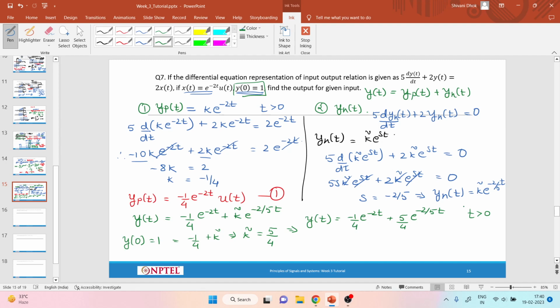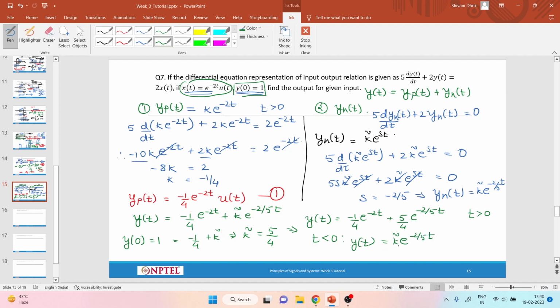If t is less than 0, then in that case what I'll have is only the homogeneous solution. That is, for t less than 0, my x of t is equal to 0 because it is multiplied by u of t. So for t less than 0, I'll have only this solution, y of t is equal to k tilde e^(-2/5 t).